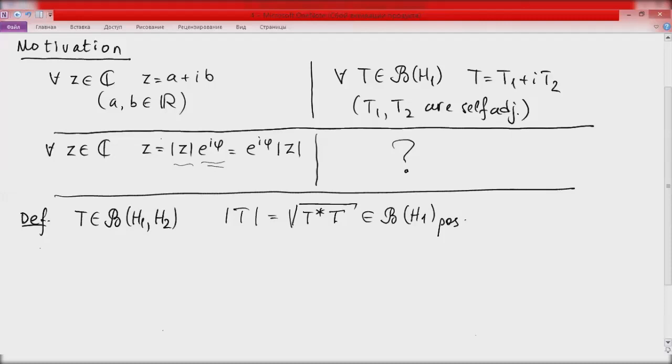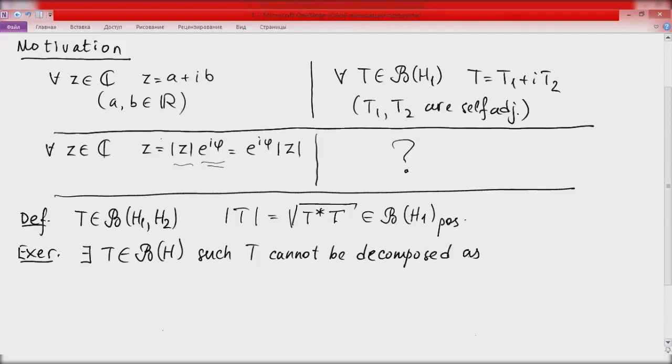Exercise: there exists a bounded operator T on a Hilbert space, actually on any infinite dimensional Hilbert space, such that T cannot be decomposed as the product of a unitary operator U and a positive operator S, where U is unitary and S is positive.